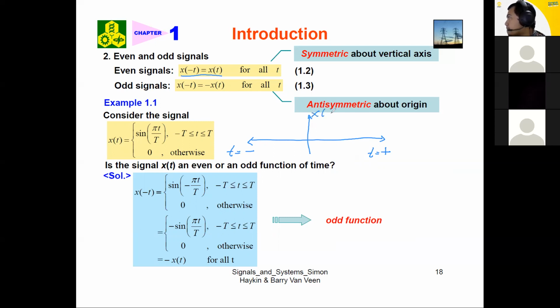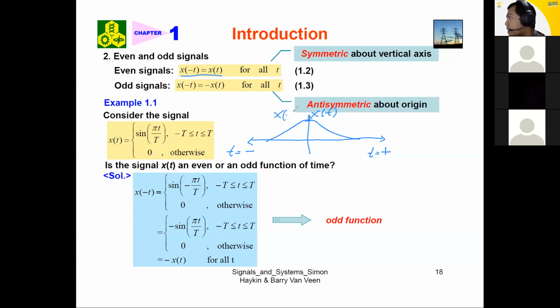This is xt. In this case, you can see the magnitude of xt in the positive region and the negative region is similar.